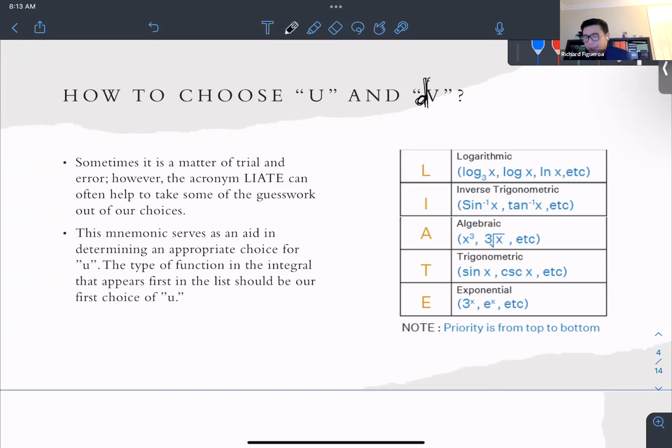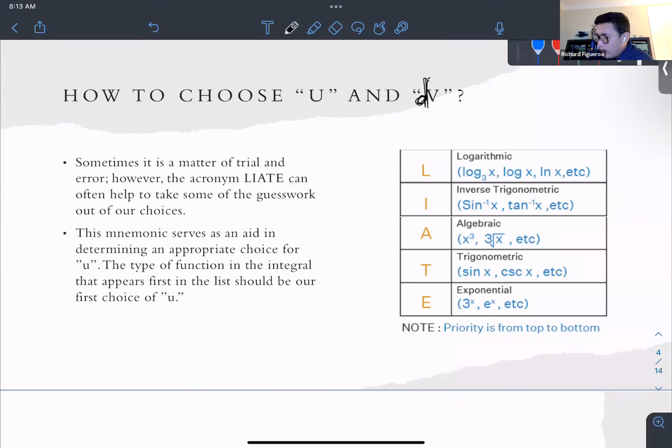In the given integrand, whichever comes first will be designated as u. If we have logarithmic functions, u would be logarithmic as compared to the inverse, algebraic, trigonometric, or exponential.